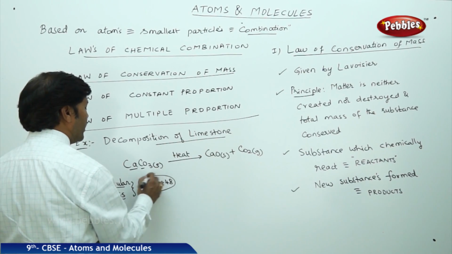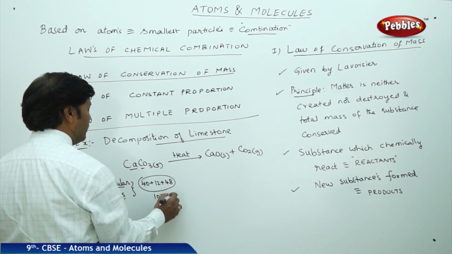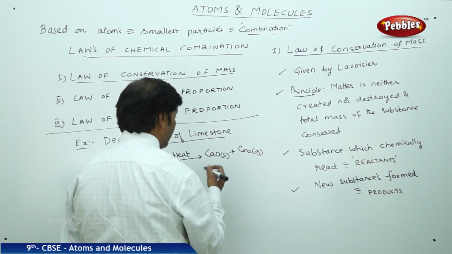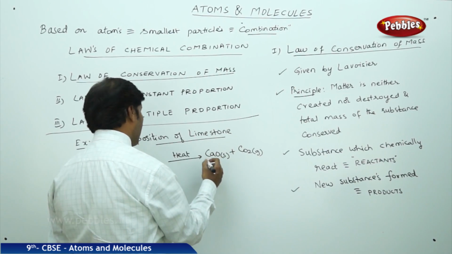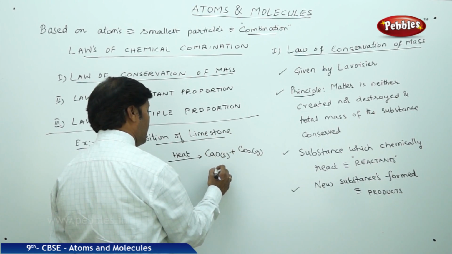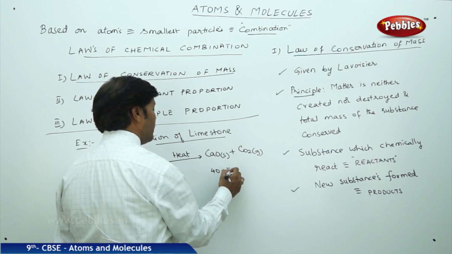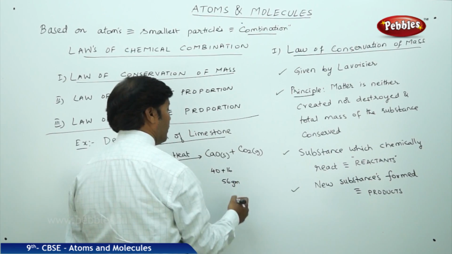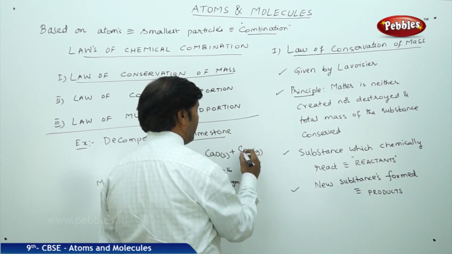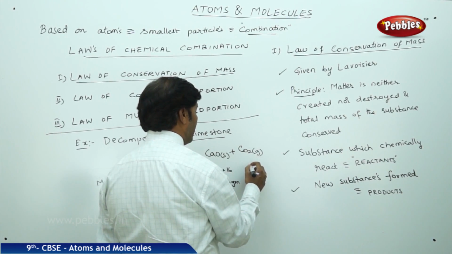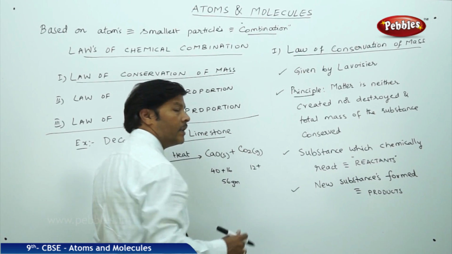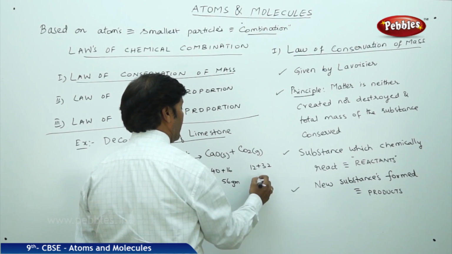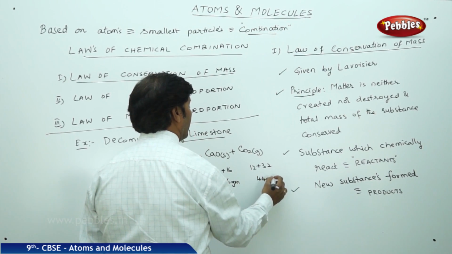So the total is 100 grams, or 100 units. Calcium oxide: calcium atomic mass is 40 and oxygen 16, so it is 56 grams. Carbon dioxide: carbon is 12 and each oxygen is 16, 16 times 2 is 32, so 12 plus 32 is 44 grams.